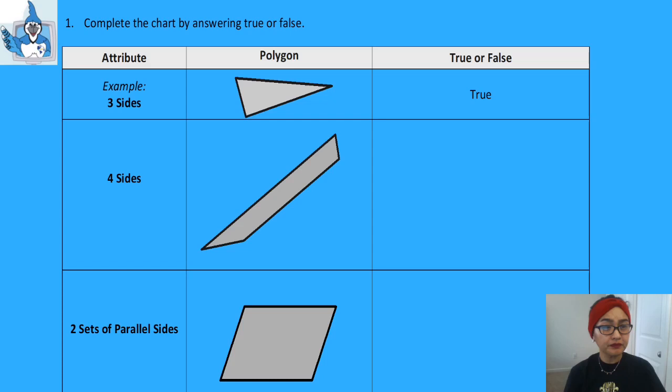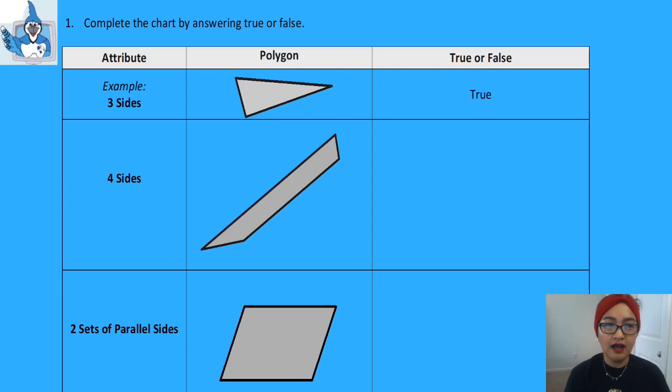Okay, now, there's an activity in your problems, no, not your problem set, but your homework book that I pulled these examples from. All right, so number 1 says, complete the chart by answering true or false. Okay, so let's take a look. We have 3 columns.